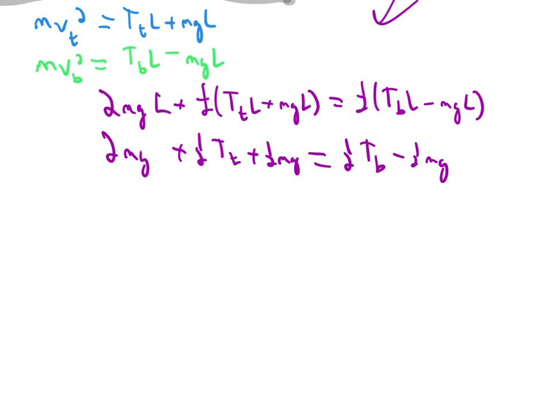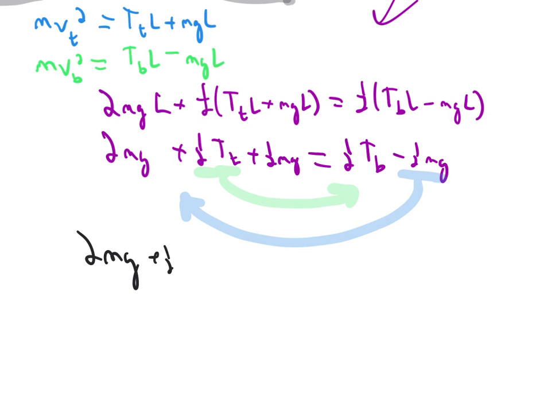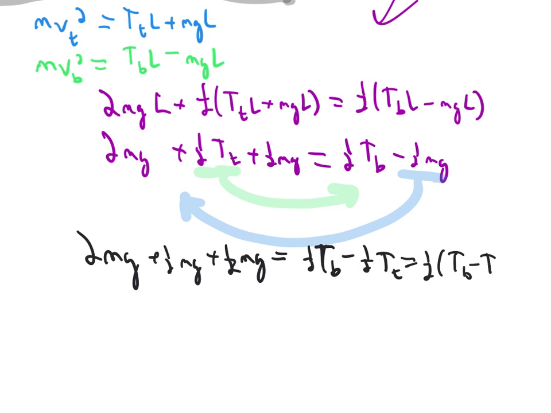Alrighty, so now I want to bring this one over here, and this one over here, leaving me with 2mg plus 1/2 mg plus another 1/2 mg equals 1/2 Tb minus 1/2 Tt. Which of course is 1/2 of Tb minus Tt, which is what we're looking for.